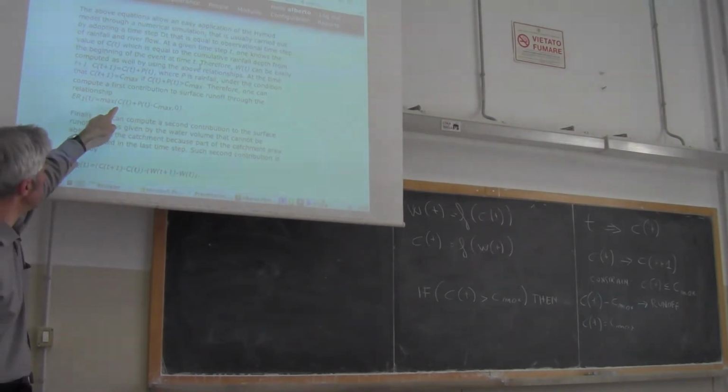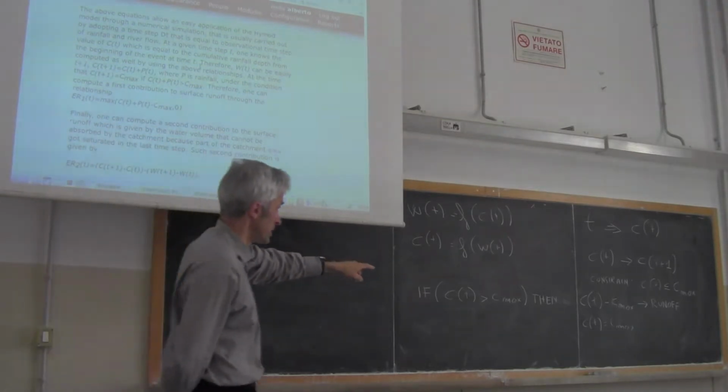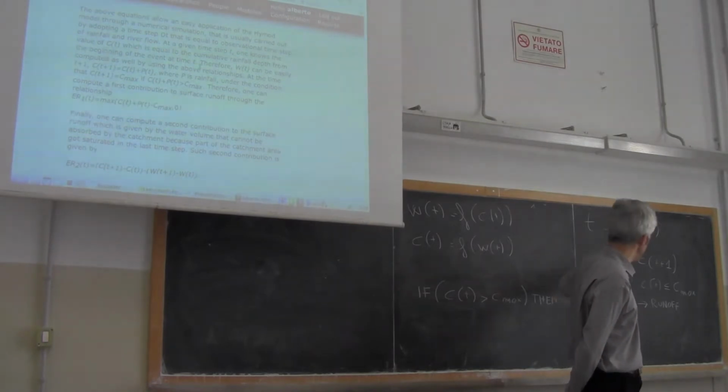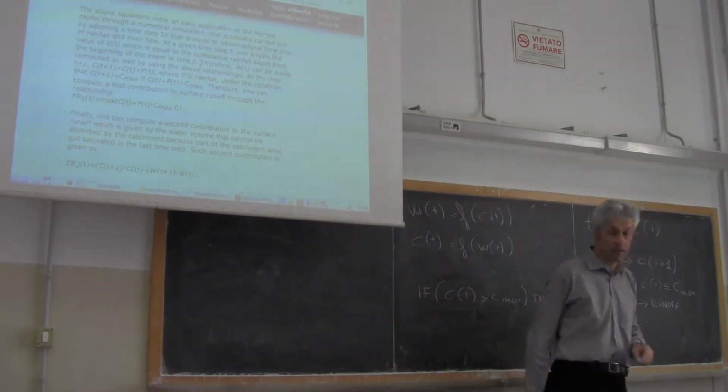You see that Ct plus Pt is equal to Ct plus 1. From Ct, I sum the rainfall at the current time and I get Ct plus 1.